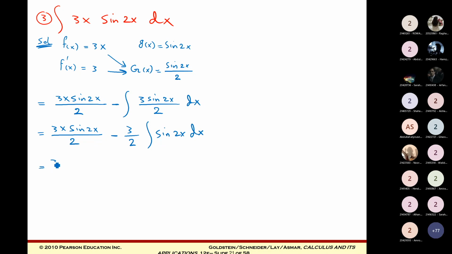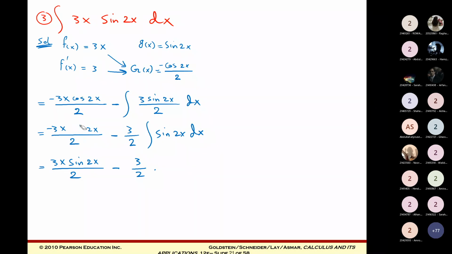This equals sine 2x over 2 minus 3 over 2 multiplied by the integral of sine, sorry, the integral of sine is minus cosine.